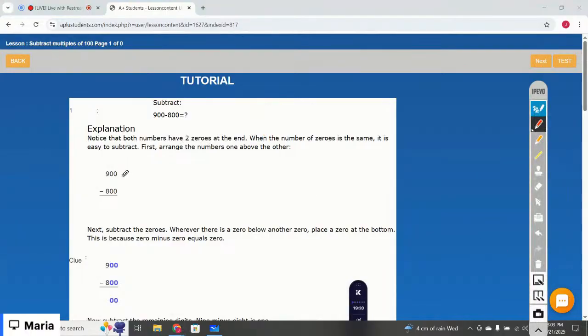That is 0 minus 0 is 0. Then we need to subtract the tens digit. 0 minus 0 is 0. And then we have to subtract 9 minus 8 is 1. The correct option is 900 minus 800 equals 100. So the correct option is 100.